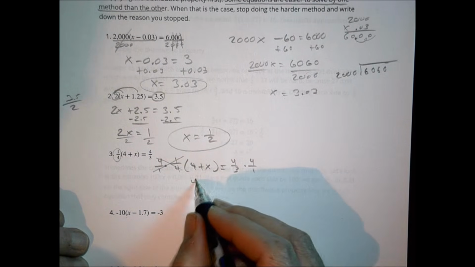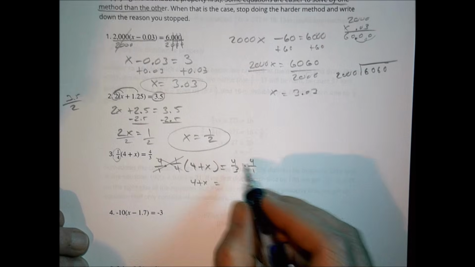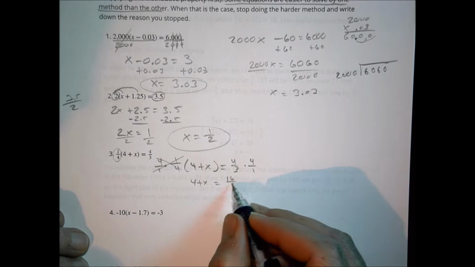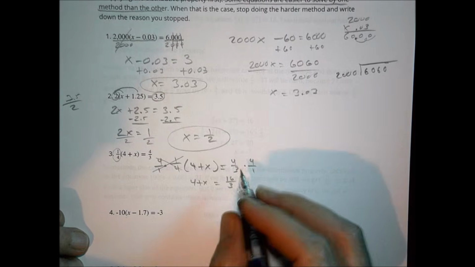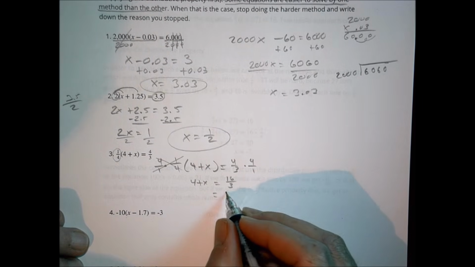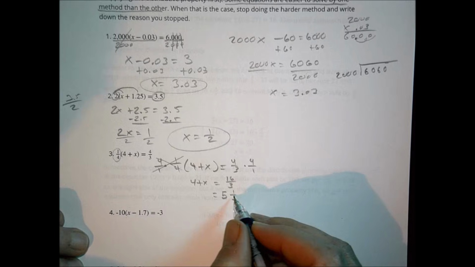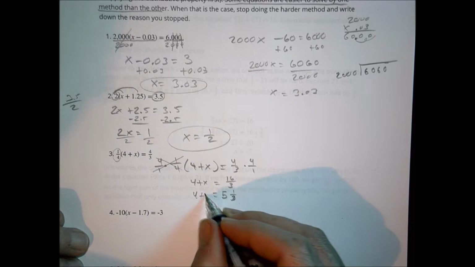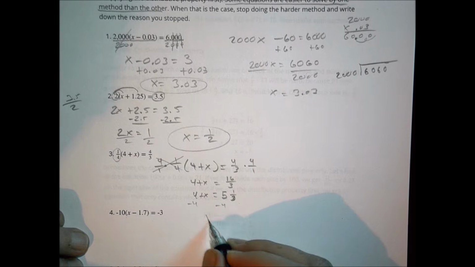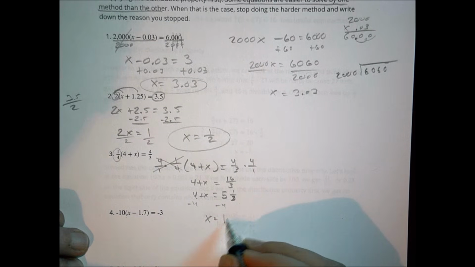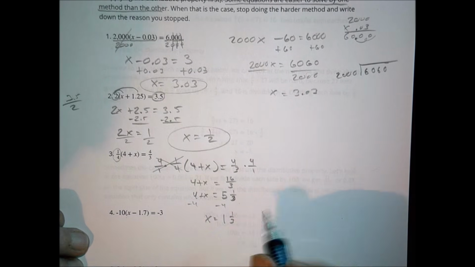And I have 4 plus x on this side equals 16 over 3. Now, 16 over 3, I can rewrite as a mixed number. 3 goes in there 5 times, and I'm left with 1, so 5 and 1/3. So 4 plus x equals 5 and 1/3. I could subtract a 4 and be left with x equals 1 and 1/3. And so that works out just fine.